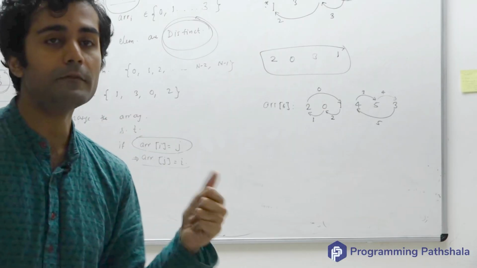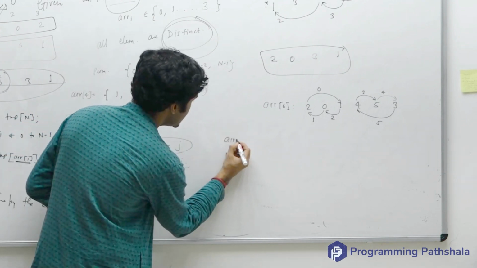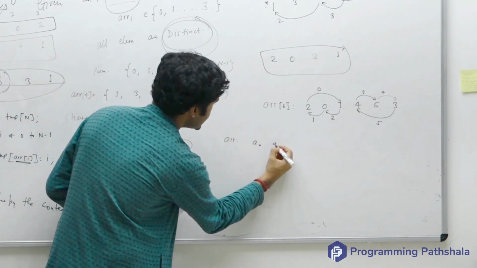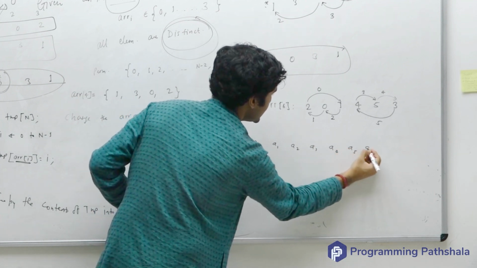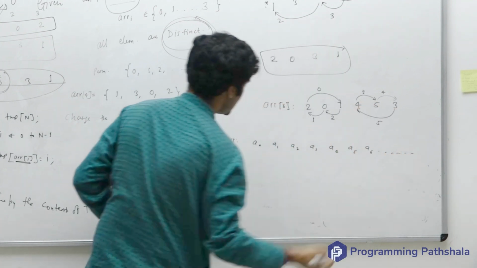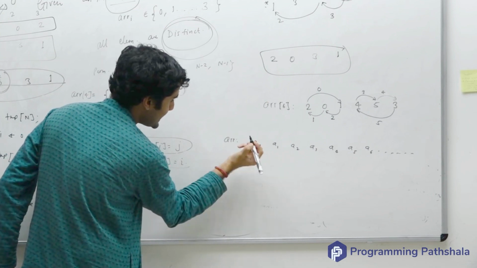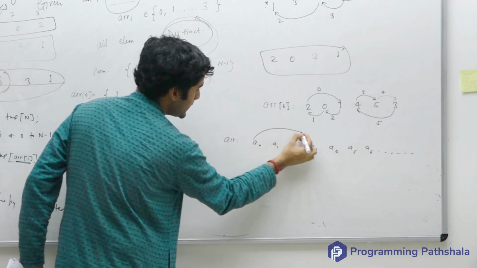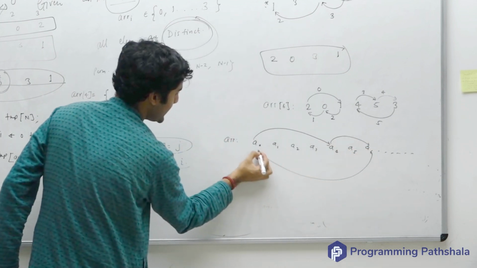Now the problem with this is that, let's say an input array was given to you that contained elements like A0, A1, A2, A3, A4, A5, A6 and so on. Then it might be possible that there was a cycle that started from A0, touched this, and let's say came back to this.